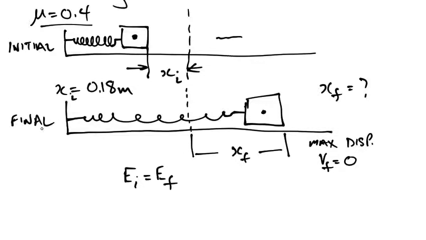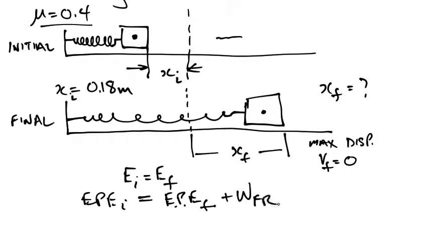And we have no gravitational potential energy. So the only things we do have are elastic potential energy, initial, equals final elastic potential energy, plus, here comes the little added complexity, the work done by friction, because that energy is gone to heat.